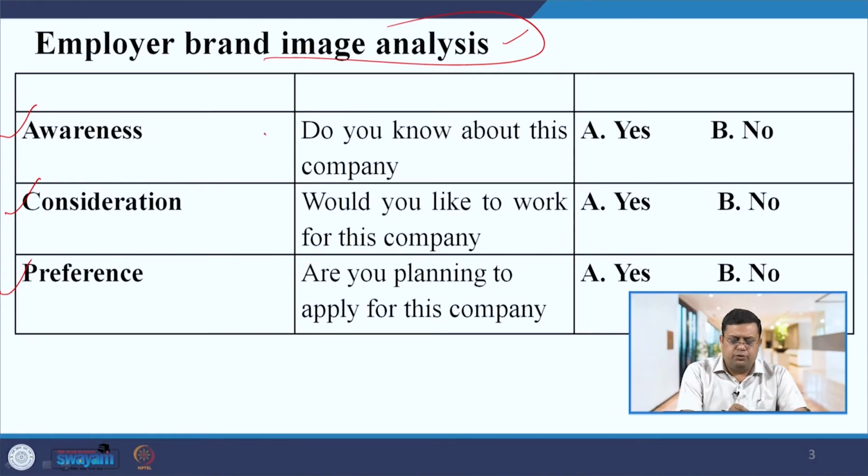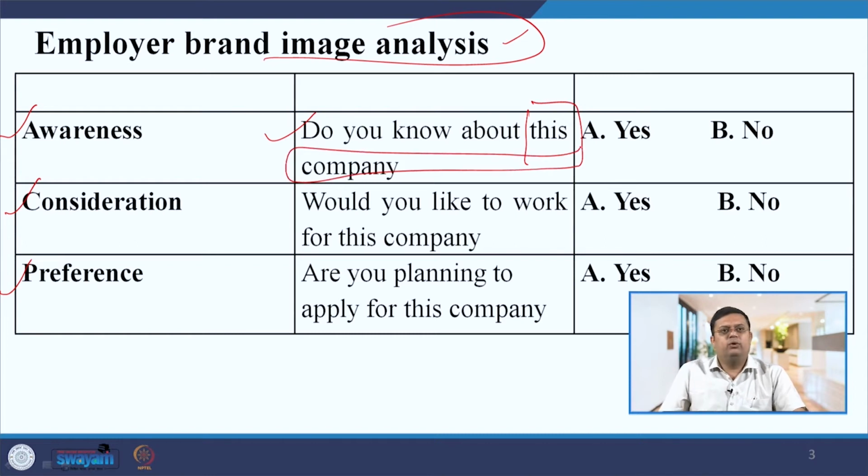So, do you know about this company? You can replace this company with the name of your organization. For example, do you know about XYZ organization? Let us see what percentage of people say yes and what percentage say no.